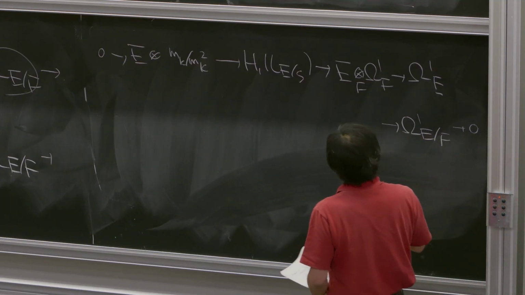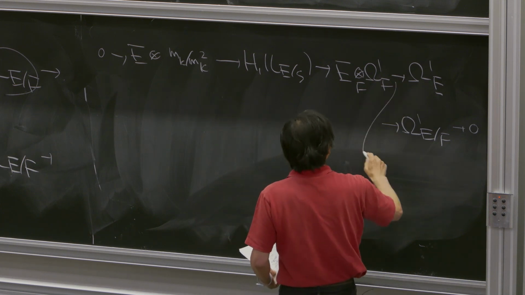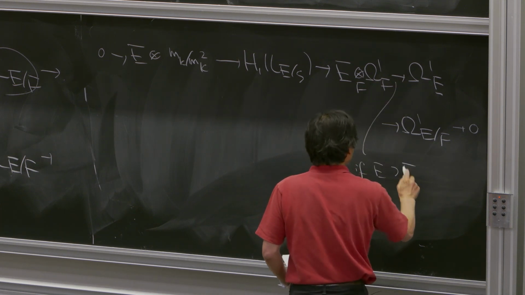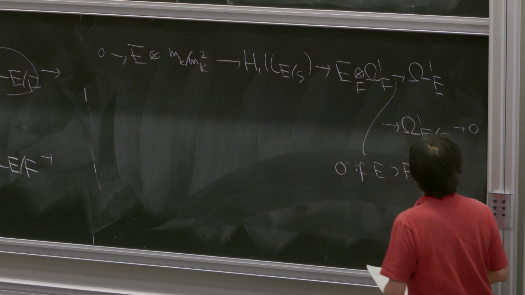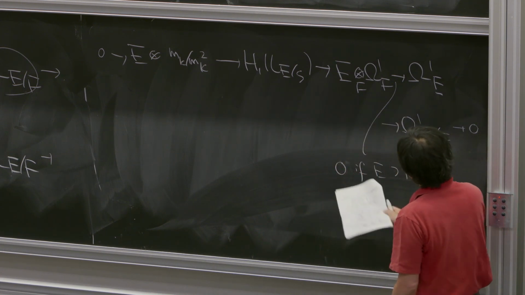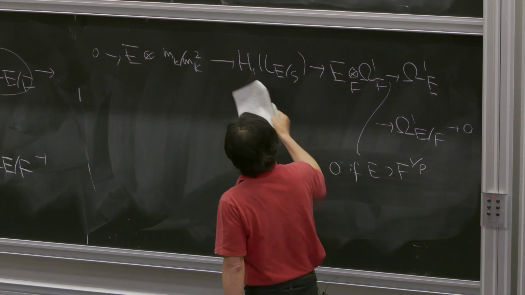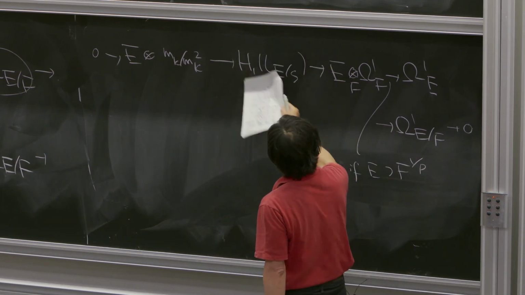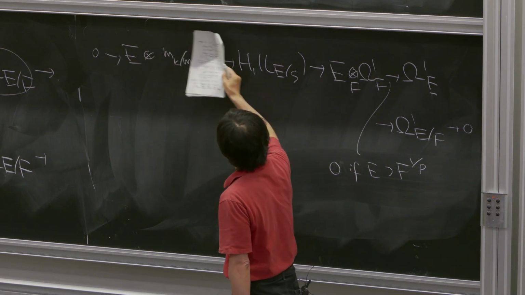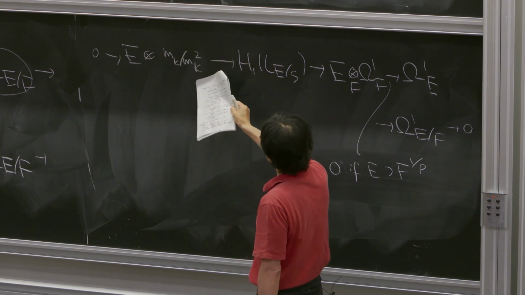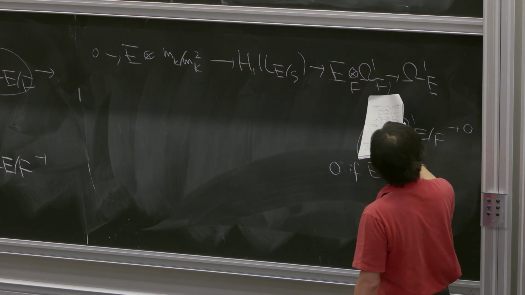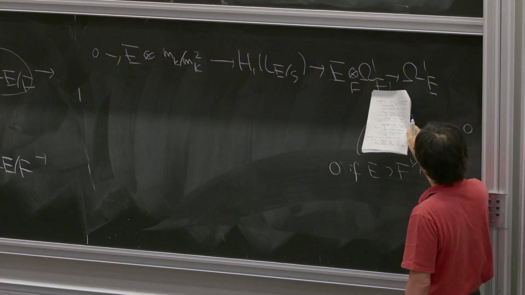And so this will be 0 if E contains this in a separable extension. So in this case we get that this vector space E is an extension of this heuristic tangent space by the kernel of this one.